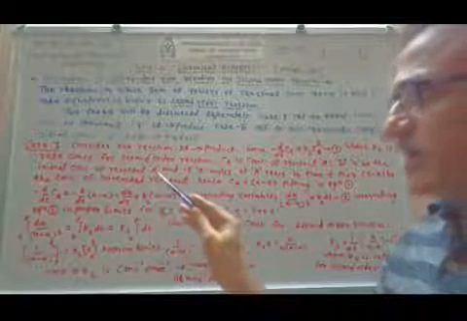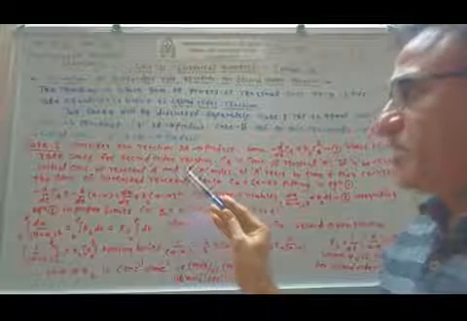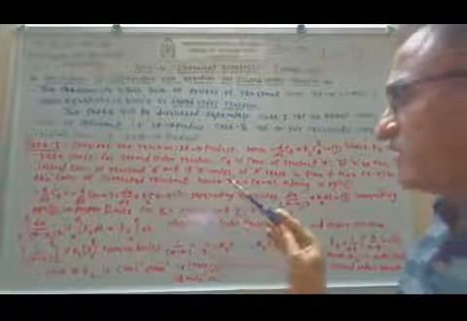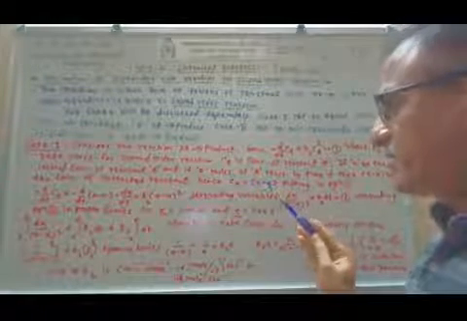If a be the initial concentration of the reactant A, and if x moles of reactant A have reacted in time t, then the concentration remaining unreacted after time t is a minus x. So here we write Ca is equal to a minus x, the concentration at time t.